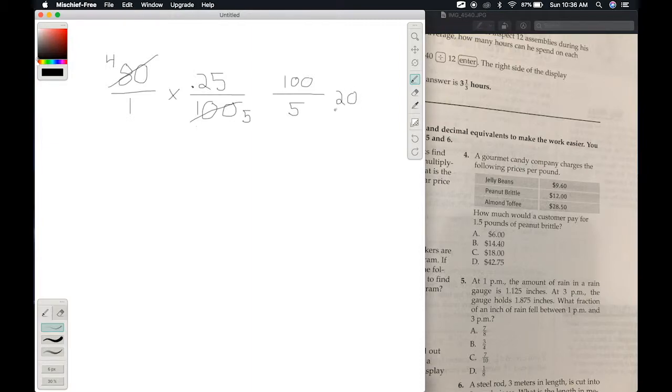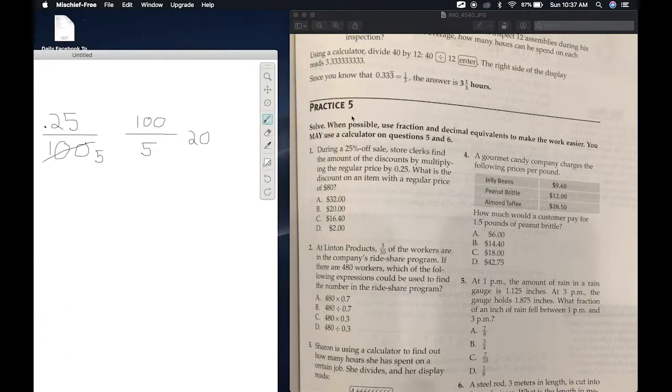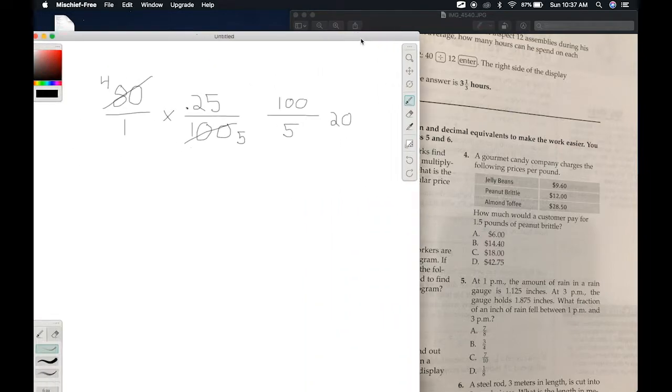So if you want to put that in a fraction, it would be 20 over 1. But we're not looking for a fraction. If this was another number here, not a 5, then you would likely need a fraction. So 20 is your answer. Is it an option? Yes. So B is your answer. Okay, so what is the discount on an item with a regular price of $80? So 25% off of 80 is 20. Very nice.